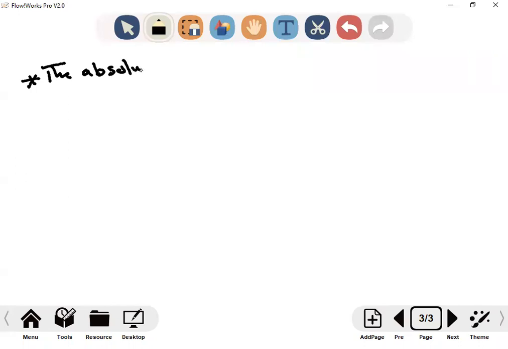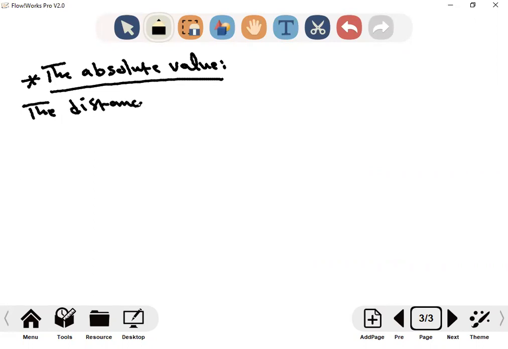The absolute value, not variable, the absolute value of a number is the distance between that number and 0.